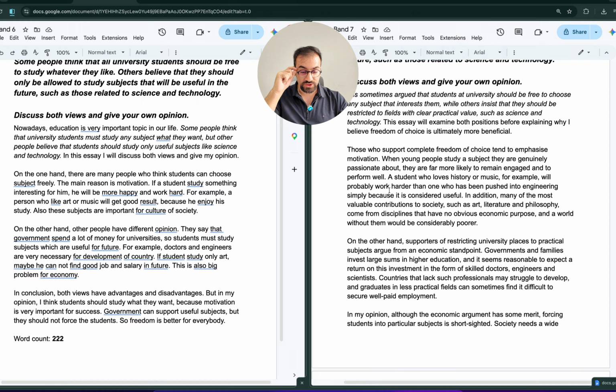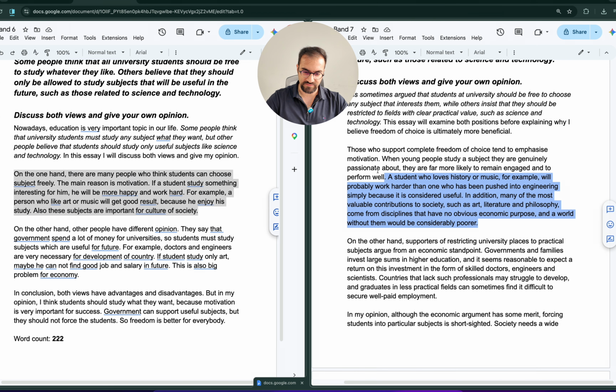And I also would like to mention coherence and cohesion. When we read this paragraph on the left, we do understand it, and the sentences are somehow connected, but there isn't a flow. It doesn't flow as much as this paragraph does.